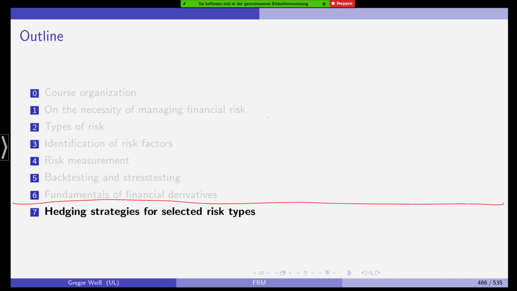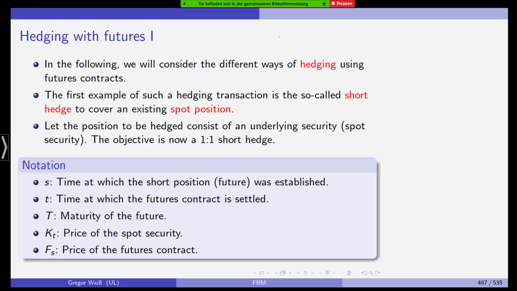So what we are basically doing is taking the instruments we've seen in chapter 6 and trying to use them to hedge risk types we've seen in chapters 2 and 3. In many cases, these will be equity investments, stocks, and we'll hedge these positions using futures and options.